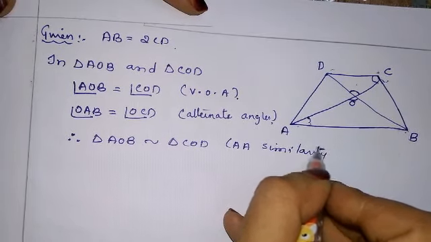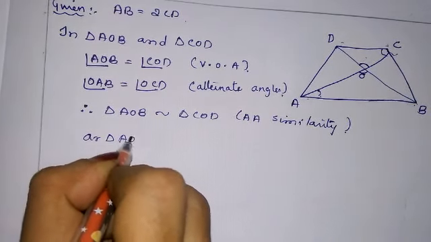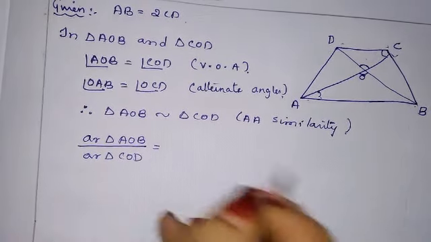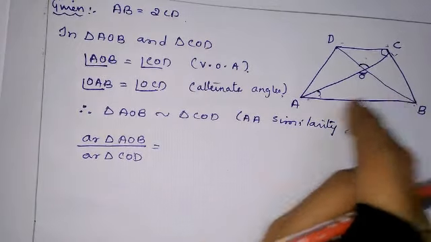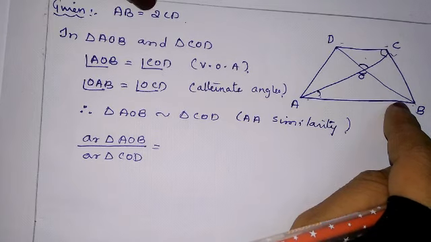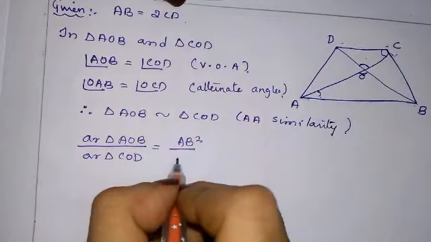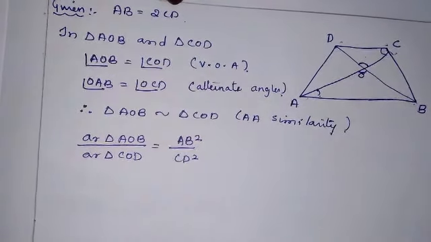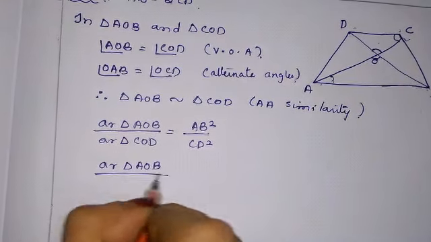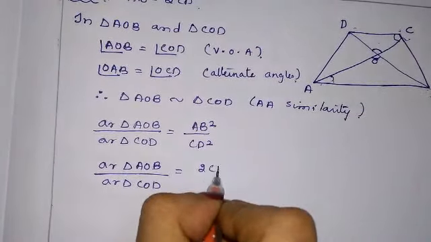Once the triangles are similar, what does the theorem say? Area of triangle AOB upon area of triangle COD. Which side? AB I'll take. Why AB? Because they have given AB is equal to 2CD. So I'll take AB square, and from COD, CD square. We don't know the areas, but AB we know is 2CD.